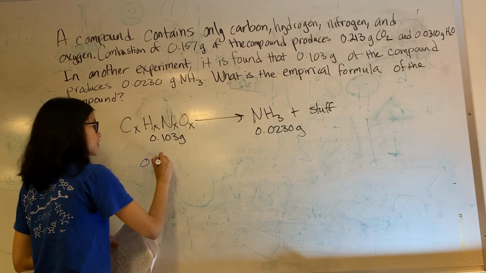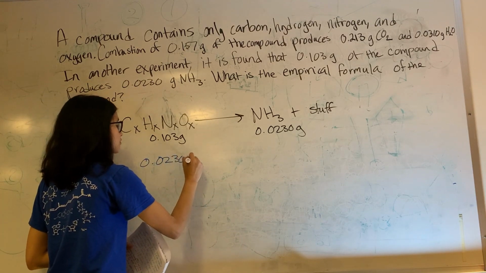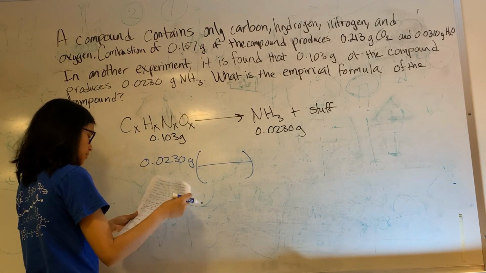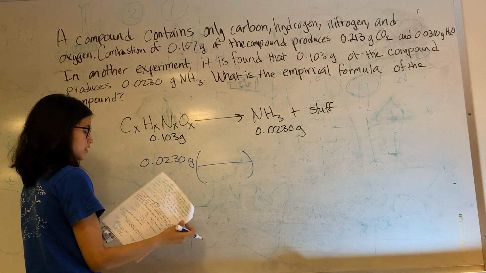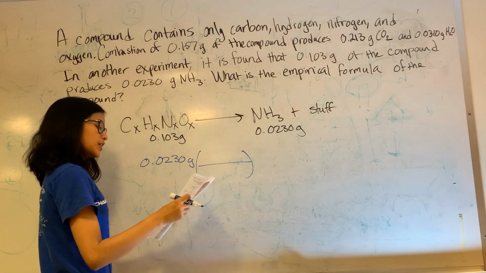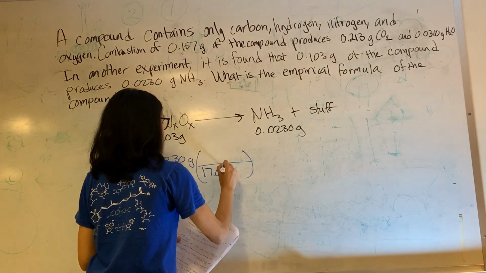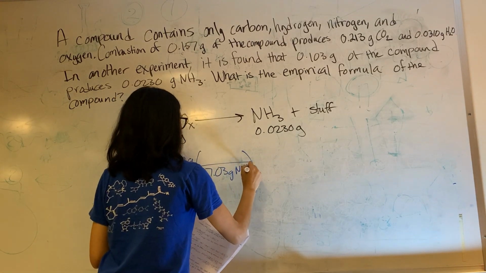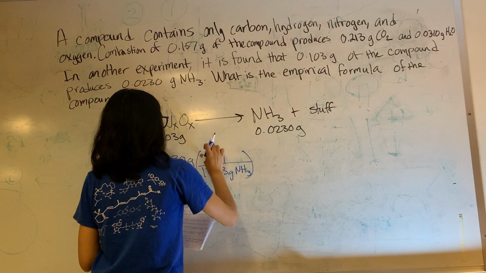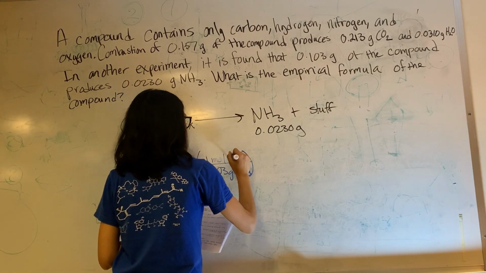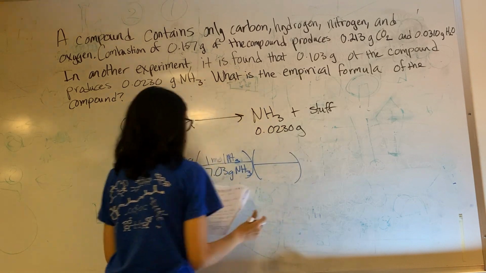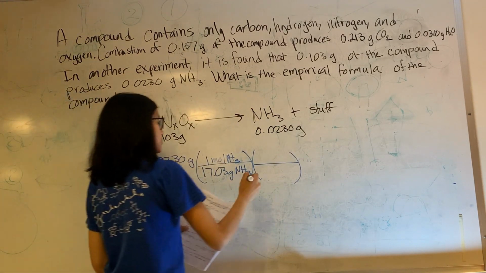We're going to start with our amount of ammonia here. We're going to divide by the molar mass of ammonia, which I have in my handy dandy notes. 17.03 grams of ammonia in 1 mole of ammonia. Then we do the mole ratio.